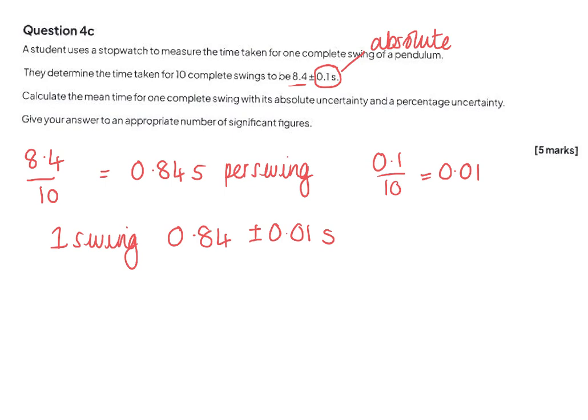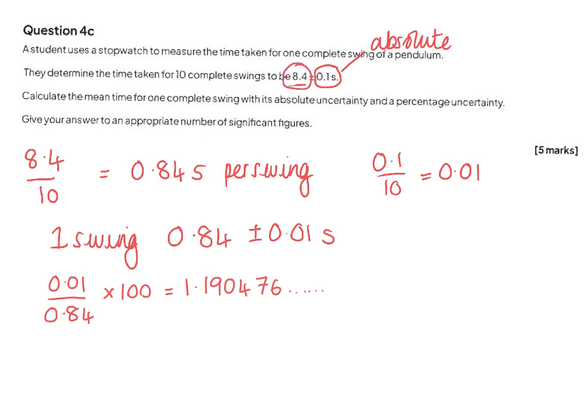We also need to work out its percentage uncertainty. To calculate that, we do 0.01, our absolute uncertainty that we just calculated, divided by 0.84, and because it's our percentage uncertainty, we then times it by 100. If you type that into your calculator, you'll get 1.190476, and it continues. We now need to work out how many significant figures would be appropriate.